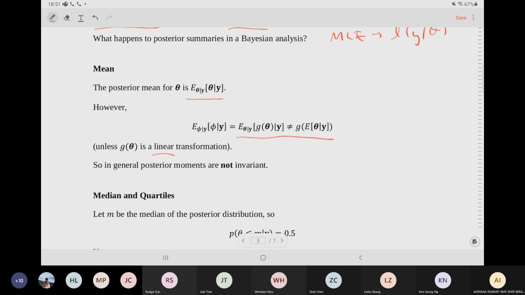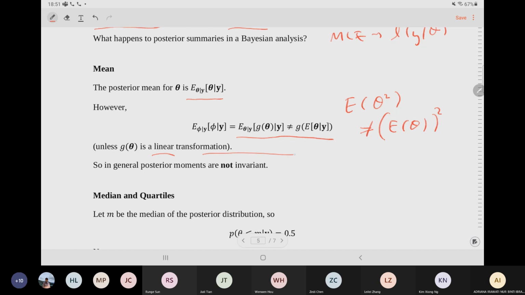So remember, the expectation of theta squared is not equal to the expectation of theta, squared. Okay, so this is wrong. This is one of the examples where this is not correct.